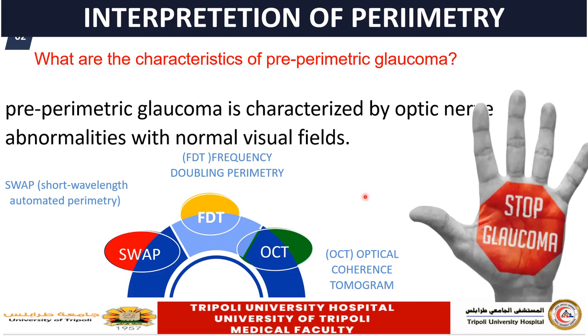So the message that I would like to send to all junior doctors or specialized postgraduate doctors who are interested in glaucoma is that our aim is not just picking up the patient who is already glaucomatous, but we should do our best to pick them up at an early stage, in the pre-perimetric stage and even before the pre-perimetric stage.